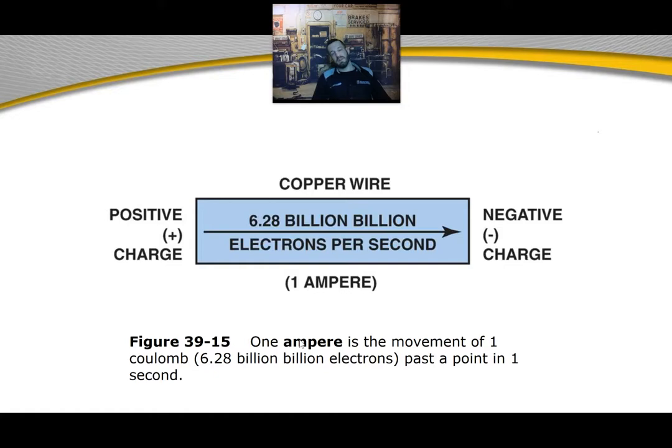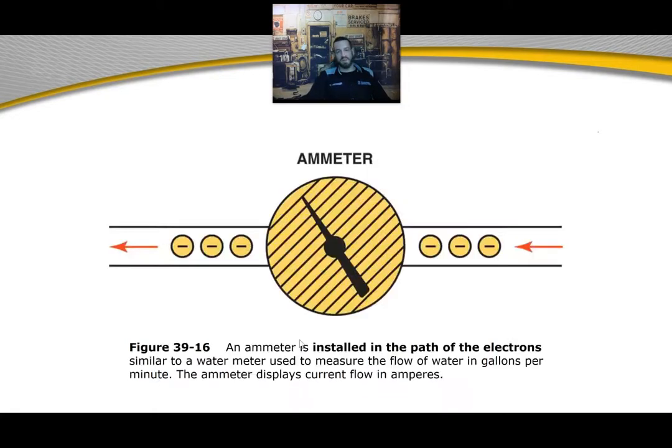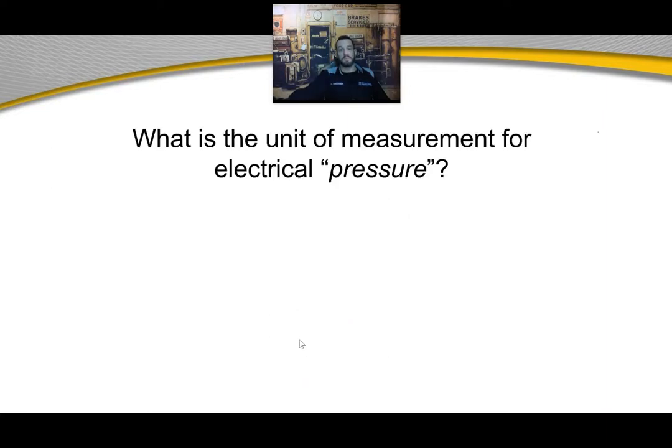That's 1 amp. We are not going to be doing that calculation, so don't you worry, okay? An ammeter, just like the water flow meter, is installed in the path of electrons, and that's going to be important when we start measuring voltage, resistance, and current flow with our multimeters, okay?